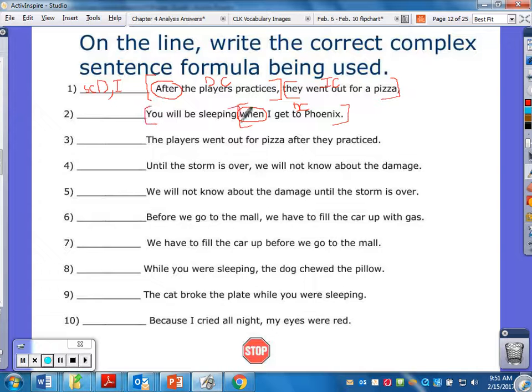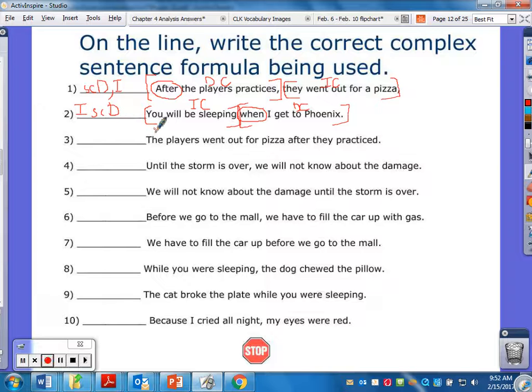Absolutely. So we're going to bracket it in and write independent clause. What sentence formula is being used in number 2? You are right. Independent clause, subordinating conjunction, dependent clause. There is no comma in an ISCD complex sentence formula.